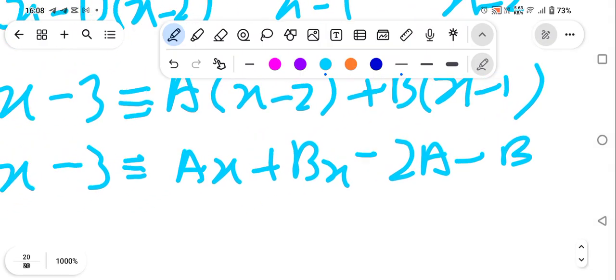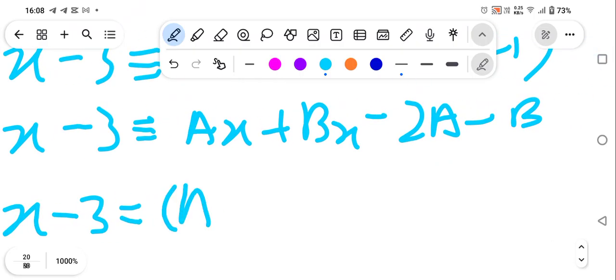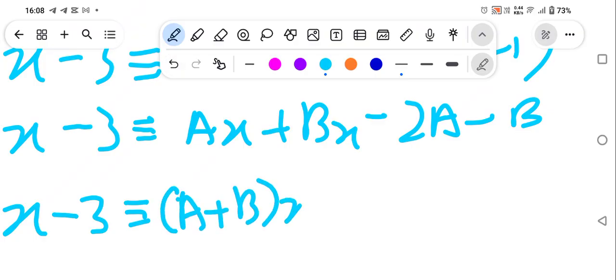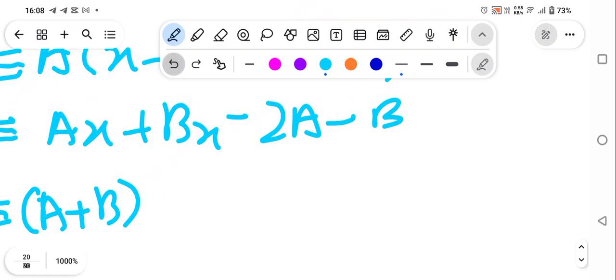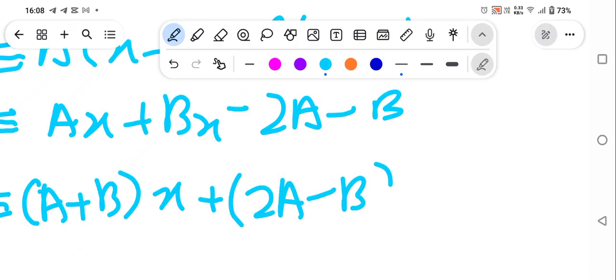So this x I'm going to factorize. So x minus 3 equals a plus b times x, plus minus 2a minus b.